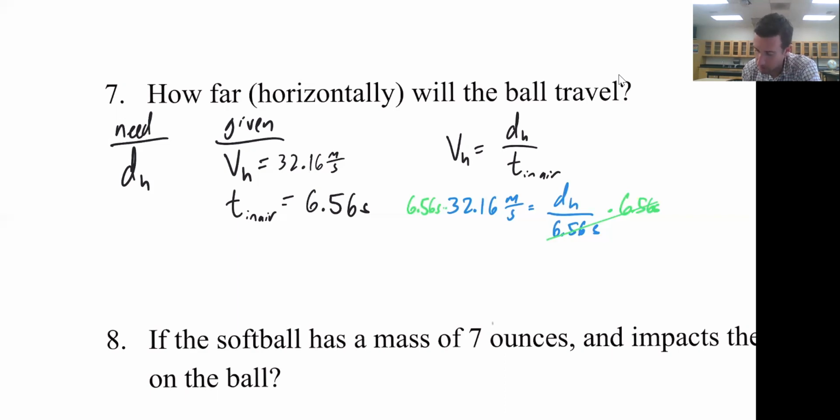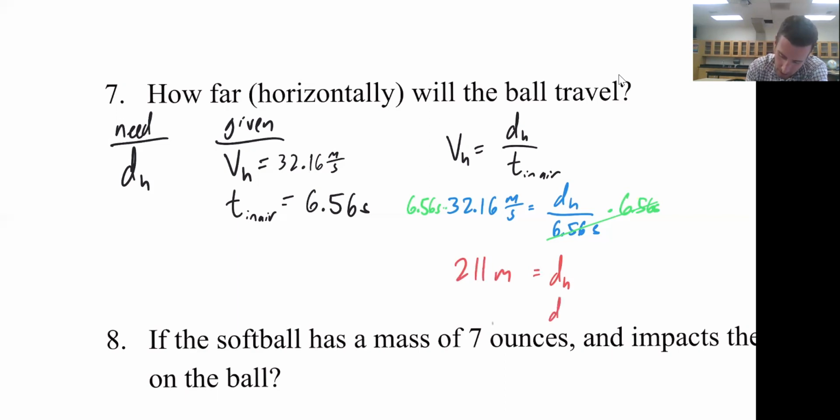32.16 is the horizontal component times 6.56 seconds, 211 meters. So I find the distance horizontal is equal to 211 meters. Technically, I should round to 2 digits.